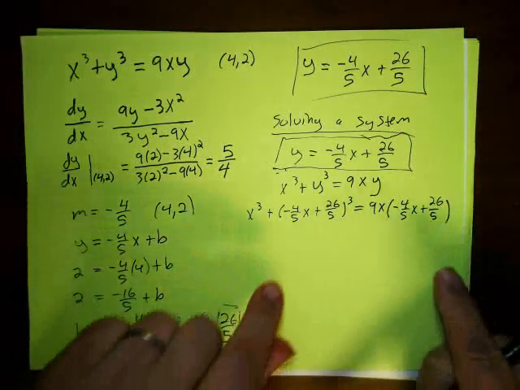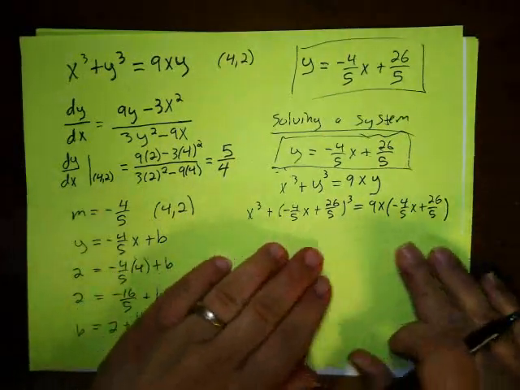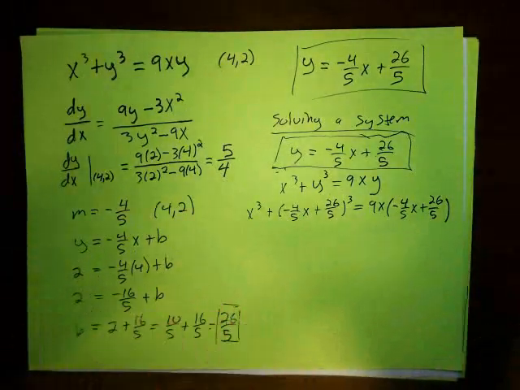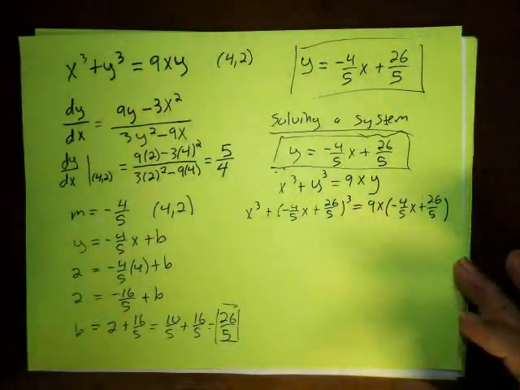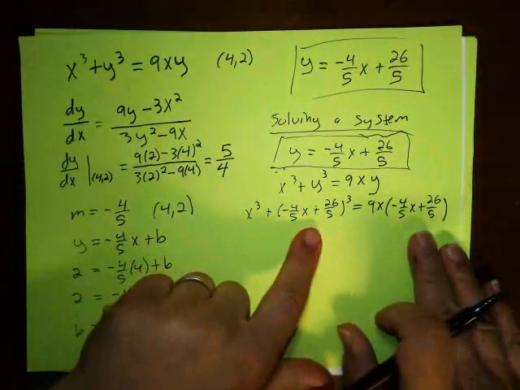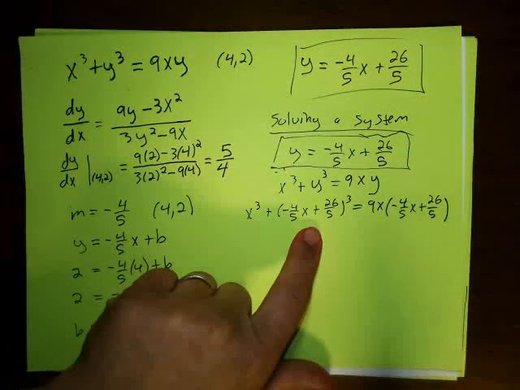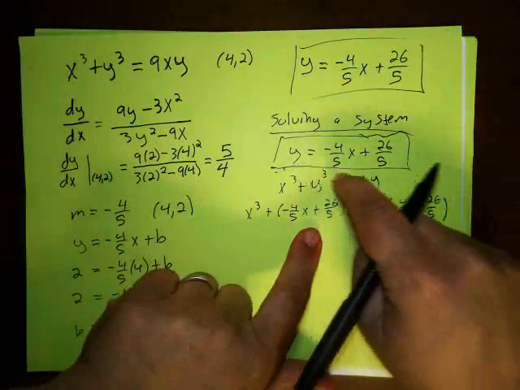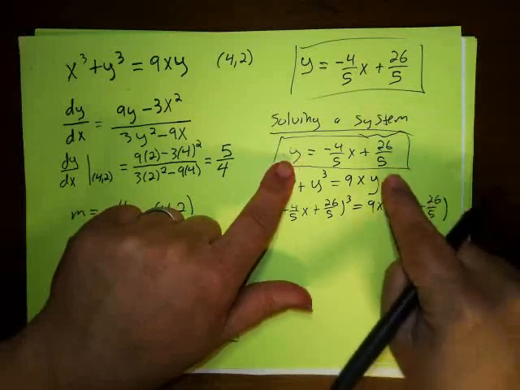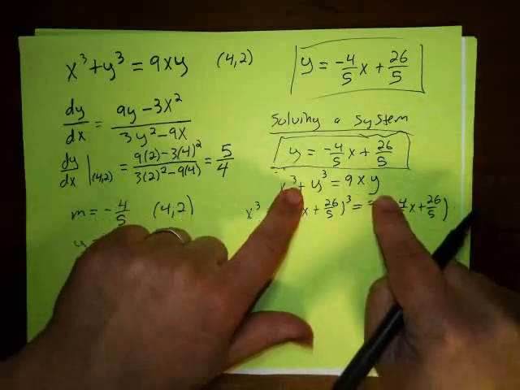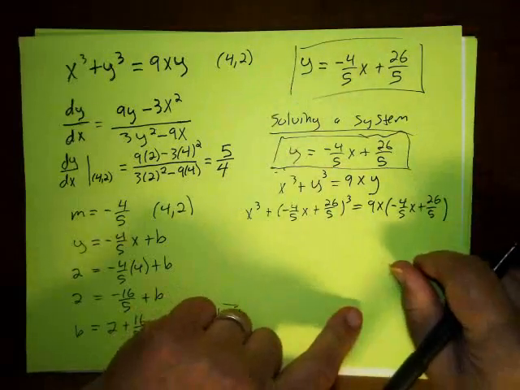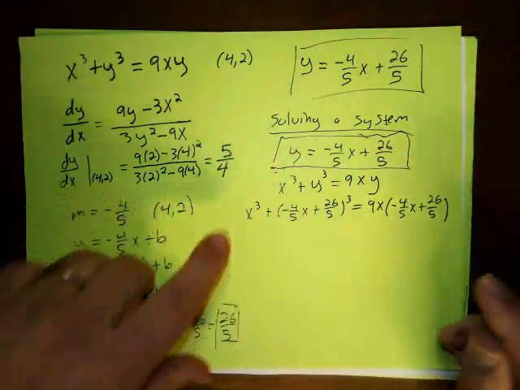Okay, so I can plug it in, and now I got an equation all involving x, right? And so the roots of this equation, any x value that solves this, will be the x coordinate where the two graphs intersect. Then I can plug the x coordinate into here and just calculate what the y coordinate will be, right? So that's how I can do it.